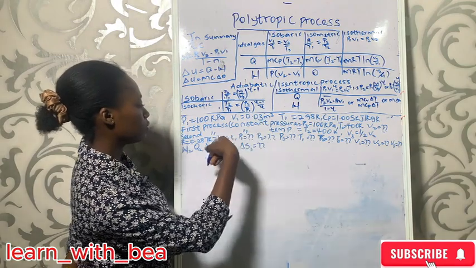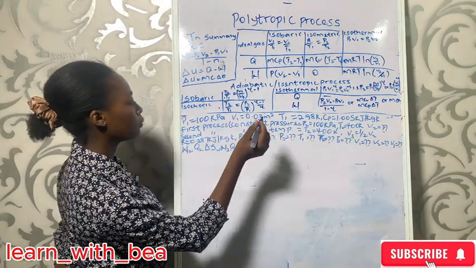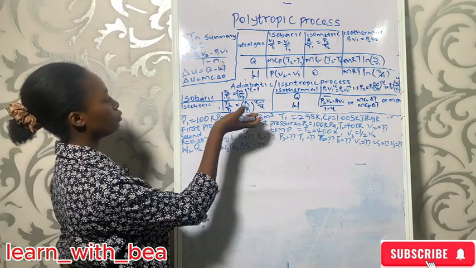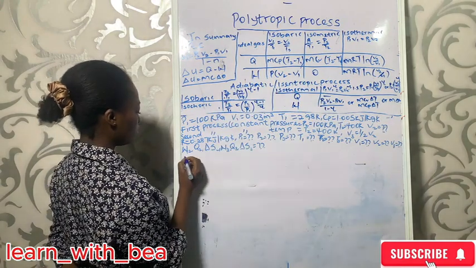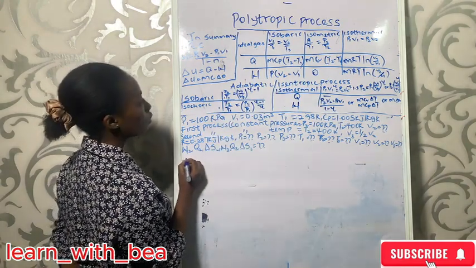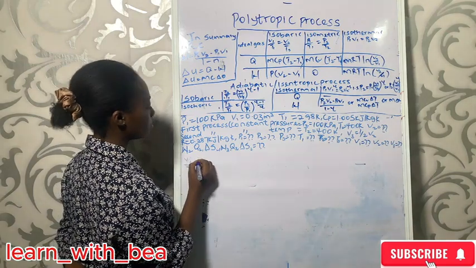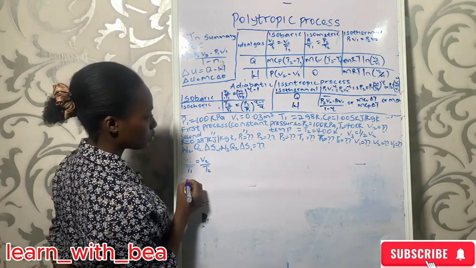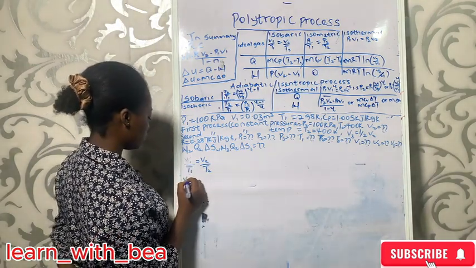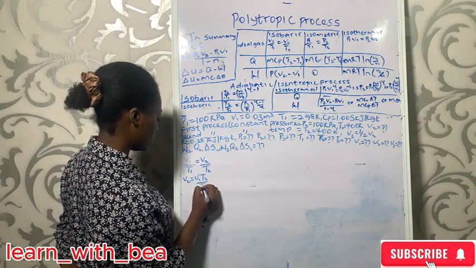Okay, since they said it's constant pressure, now what we are looking for is volume. What's the formula for ideal gas at constant pressure? So we have V1 over T1 equals V2 over T2. And so you can calculate our V2 like that, which will be V1 T2 divided by T1.